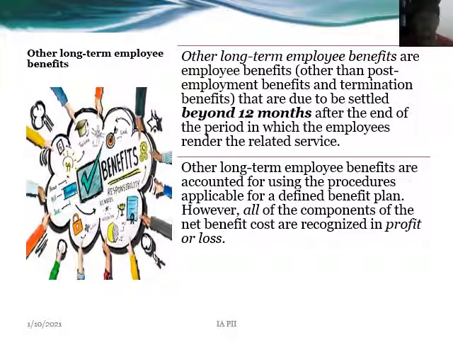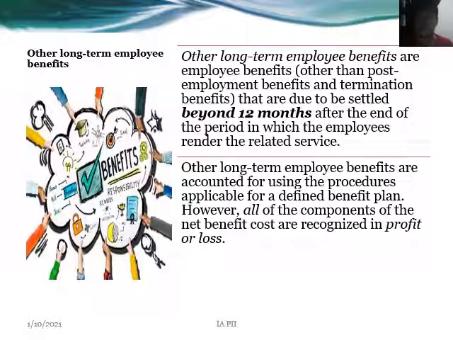So these are employee benefits other than the post-employment benefits and termination benefits that are due to be settled within 12 months after the end of the period in which employees render the related services. So, it is still long-term because it is in the next 12 months of the next accounting period. So, it follows short term.